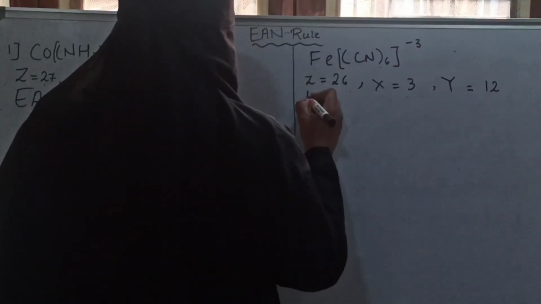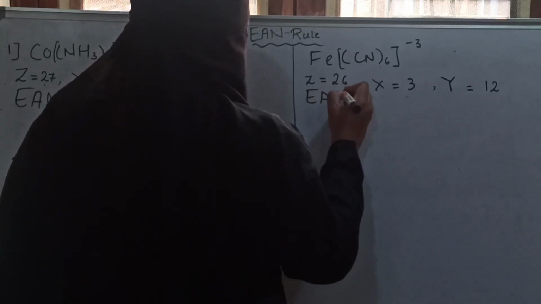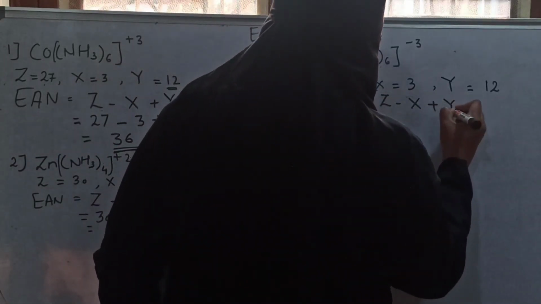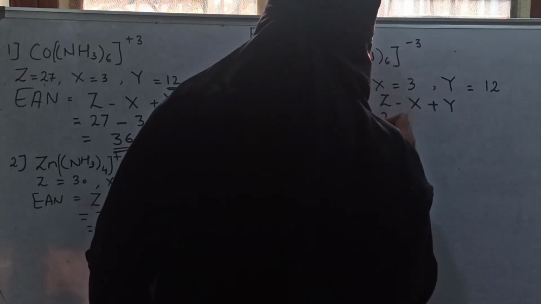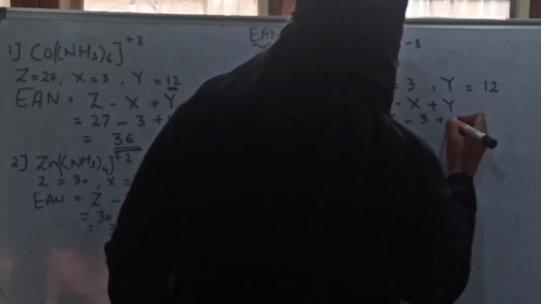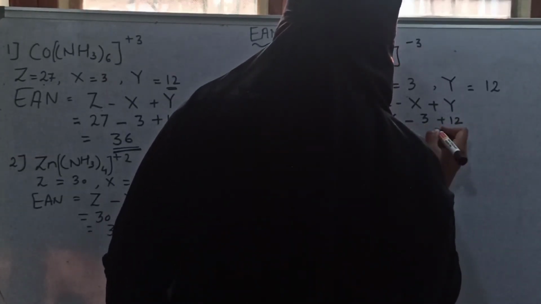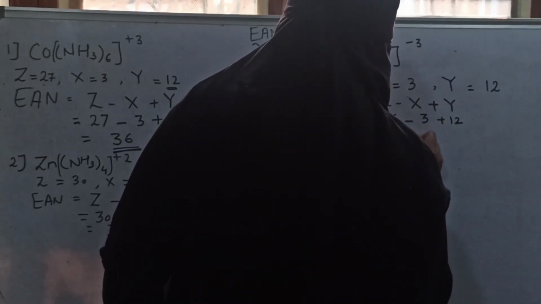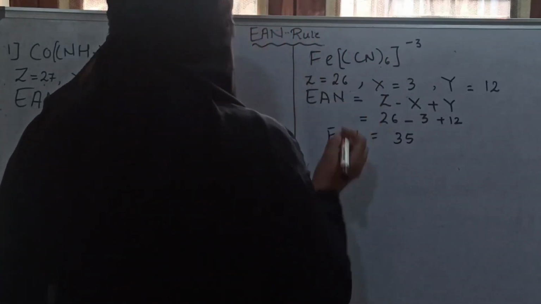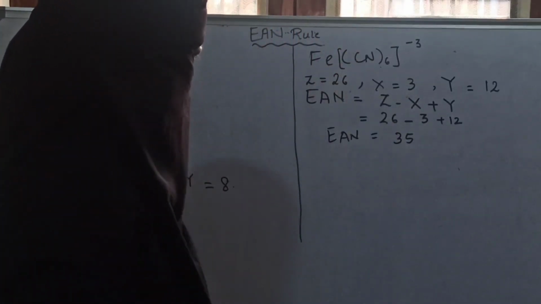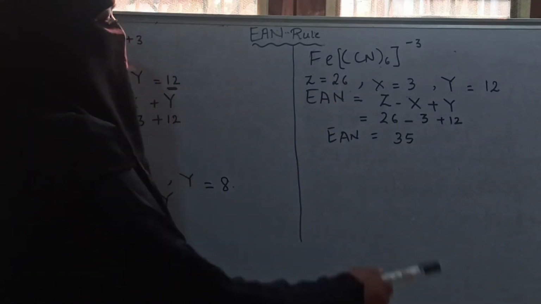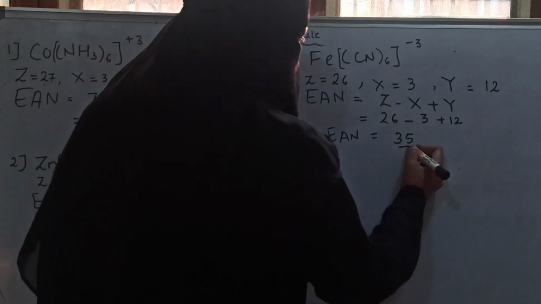So again our formula is EAN is equal to Z minus X plus Y. Z is equal to 26, X is 3 and Y is 12. It is equal to 35. Here this complex doesn't follow the EAN rule because the value of the effective atomic number is 35.